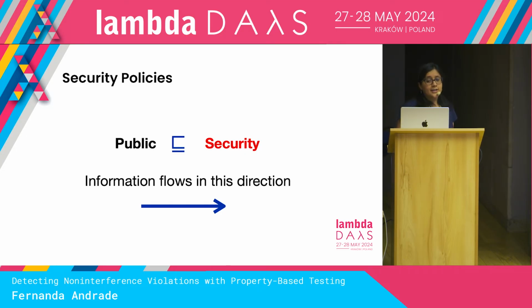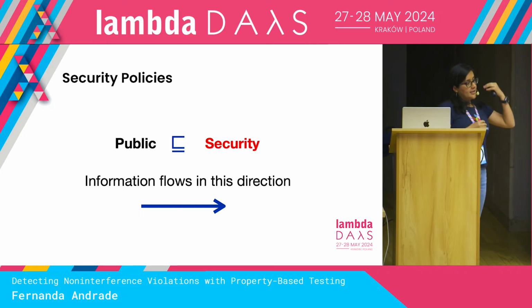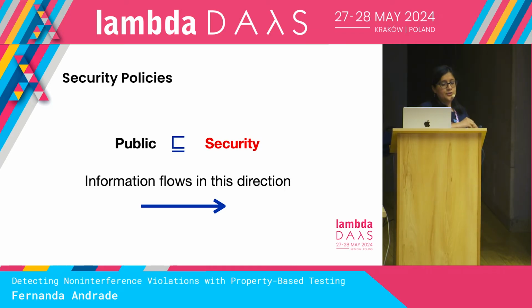In a typical scenario, the security lattice consists of a two-point lattice, where we have two levels, public and secret. In this context, public information can flow to secret information. You can combine credit card information and the weather information if you are working in the context of security. So you can have public information in secret information, but not the opposite.